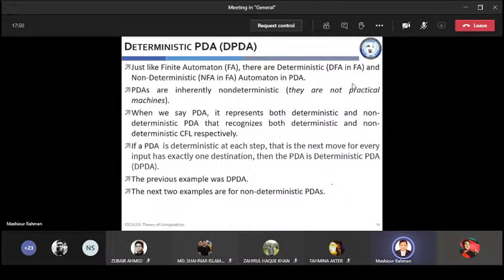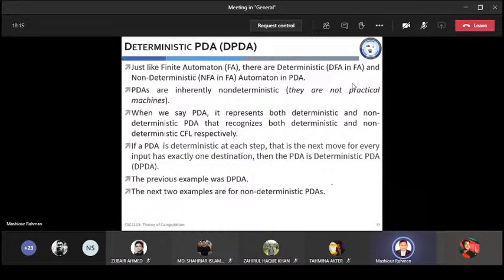PDAs are inherently non-deterministic. They are not practical machines by definition. If you look at the definition, you can see there are epsilons. So if there are epsilons, obviously you cannot say that the PDA is deterministic.